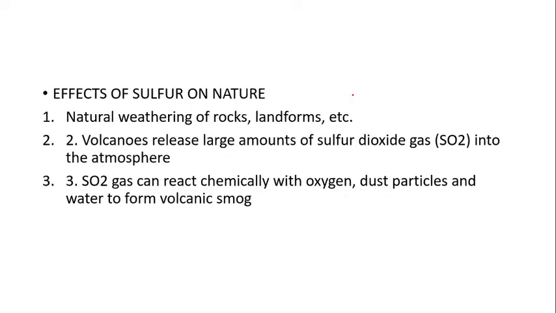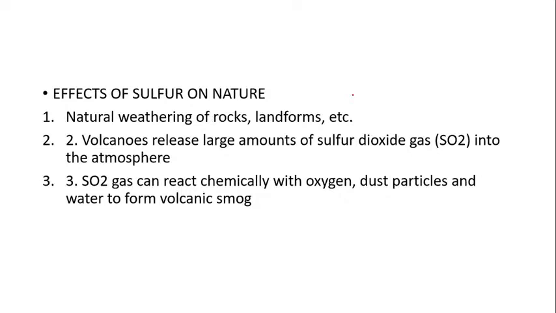When fossil fuels are burned, sulfur will reach the atmosphere as sulfur dioxide. The hydrogen sulfide is also oxidized to sulfur dioxide, and the atmospheric sulfur dioxide is carried back to the earth as sulfuric acid.